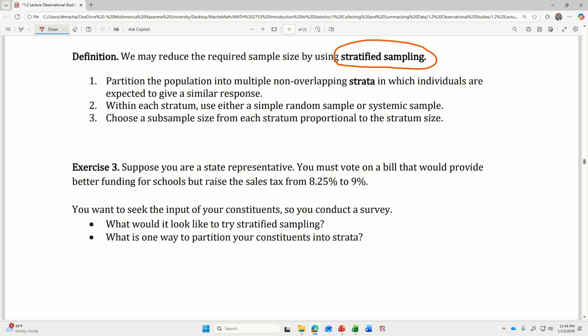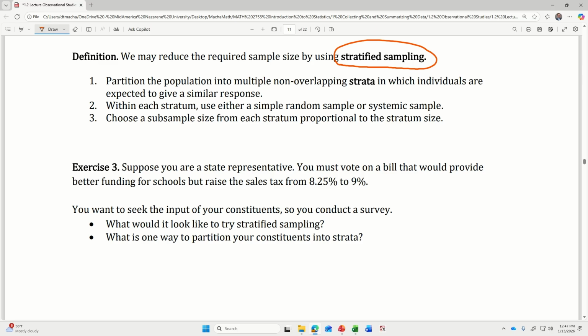So step number one, partition the population into multiple non-overlapping strata. So in my example, the basketball team would be a stratum. The soccer team would be a stratum. I'm assuming that there's nobody who plays soccer and basketball, right? These should be ideally non-overlapping. And then number two, within each stratum, you're going to either use a simple random sample or a systemic sample to choose individuals from each stratum.